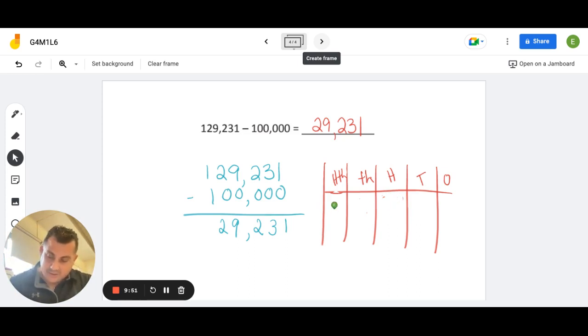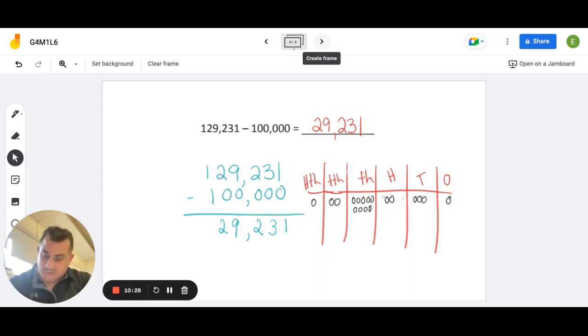Again. I'm so sorry, ones, tens, hundreds, thousands. I left off the 10,000s, and then the 100,000s. So it's ones, tens, hundreds, thousands, 10,000s, and 100,000s. Now, 1 in the 100,000s, 2 in the 10,000s, 9 in the thousands, 2 in the hundreds, 3 in the tens, and 1 in the ones.